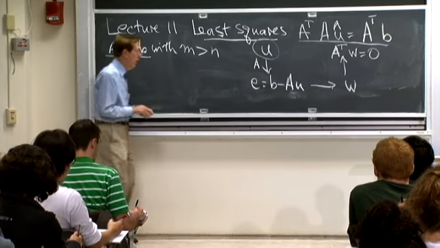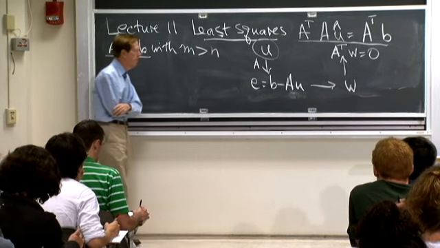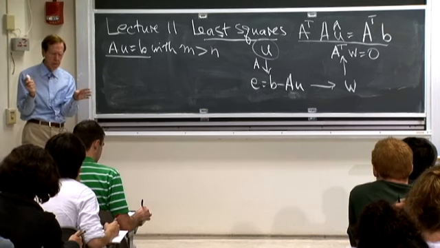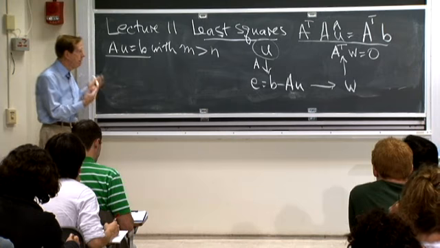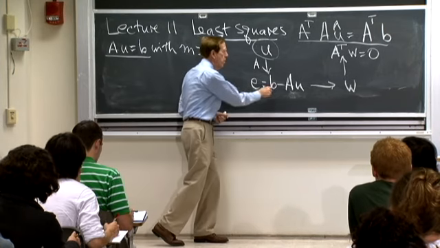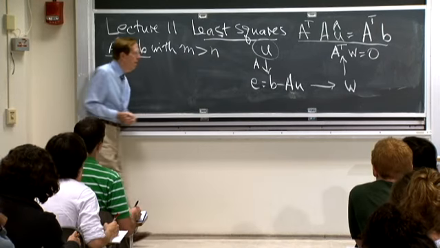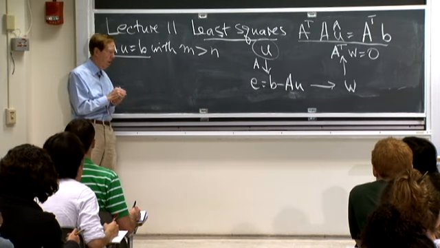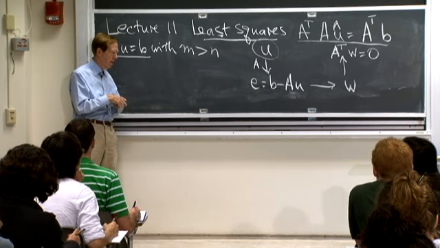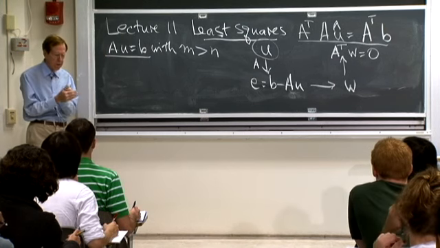Okay, one more thing to notice. A is coming with a minus sign. In mechanics, in masses and springs, we had E equal AU. Here, it's natural to work with the error or the residual B minus AU. And that minus sign is natural in physics and in electrical engineering and hydraulics.